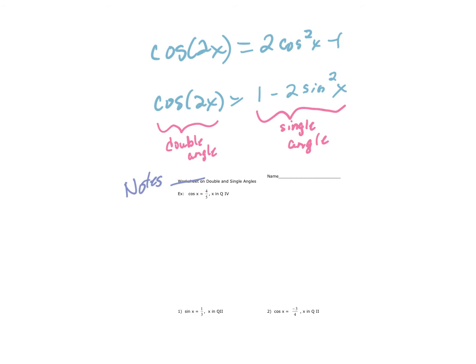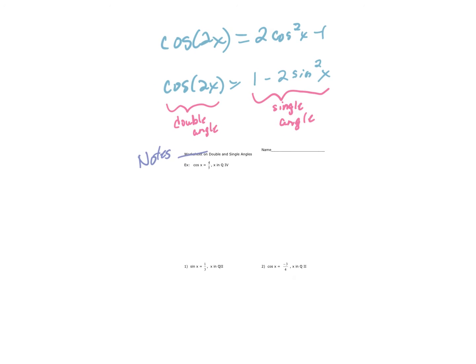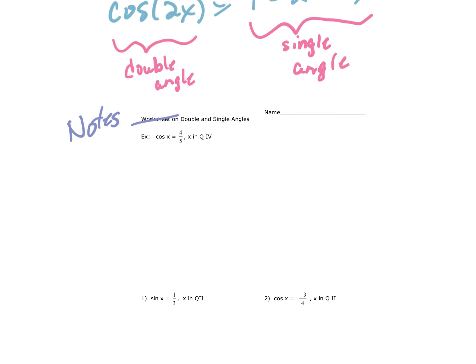So we can look at the formula in terms of the cosine of the single angle or the sine of the single angle. In terms of the actual math involved, it's not too complicated, but there's a little bit more figuring that we have to do as well, and so we'll talk about that.